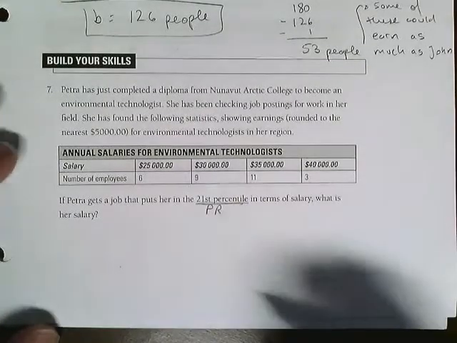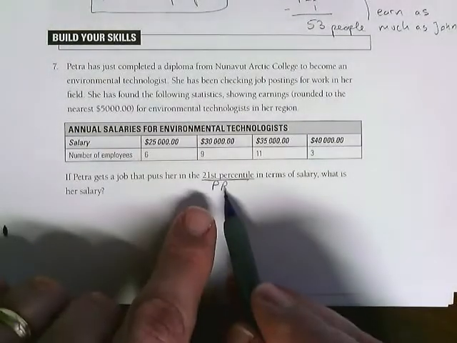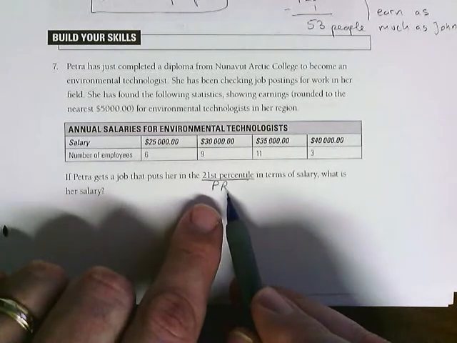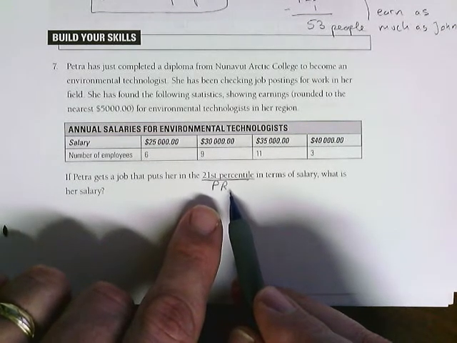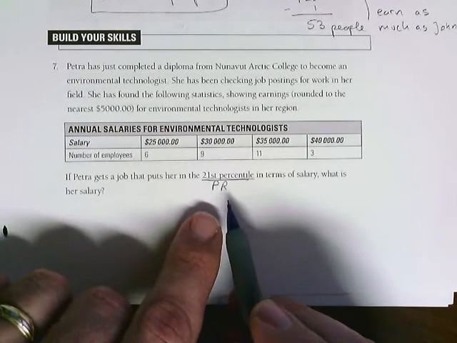So this is what I call the two-part question. Okay, because they're giving us a percentile rank, there's a way to figure out, first of all, how many would be earning less, right?